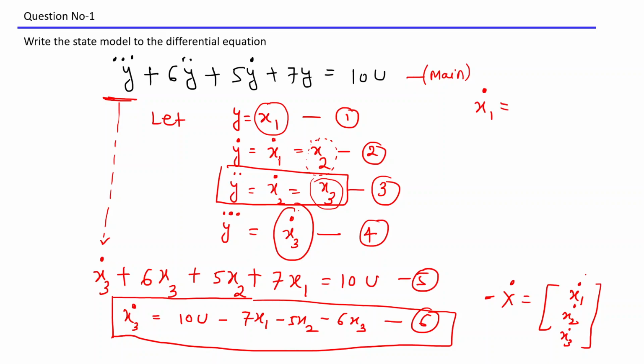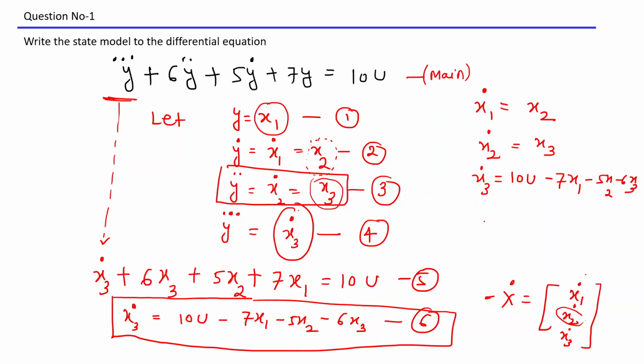X1 star is what? X1 star is equation 2. X1 star is nothing but x2. Okay, similarly x2 star. X2 star is what? X2 star, where is that x2 star? In equation 3, which is x3. And what is x3 star? X3 star is nothing but 10u minus 7x1 minus 5x2 minus 6x3.